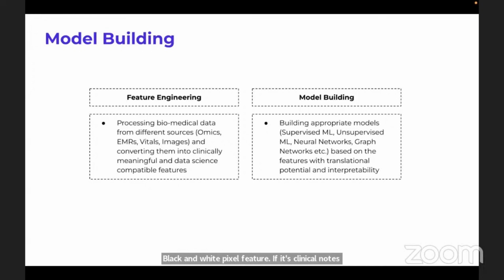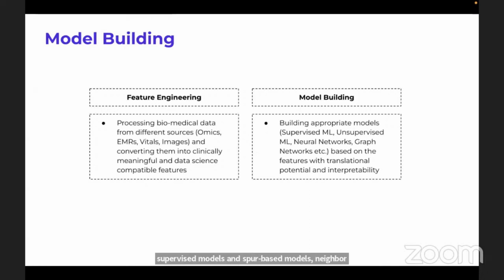If it's tabular data, then it's already tabular; you need to normalize it. Feature engineering is very important in healthcare data. Once you derive the features, you can use them in models, where you can make supervised models, unsupervised models, neural networks, graph networks.